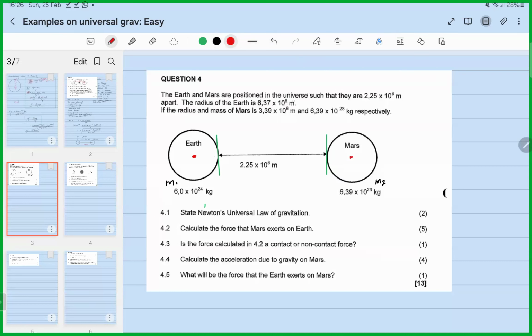The radius of Earth, 6.37 times 10 to the 6 meters. And the radius of Mars was also given, 3.39 times 10 to the 6 meters.